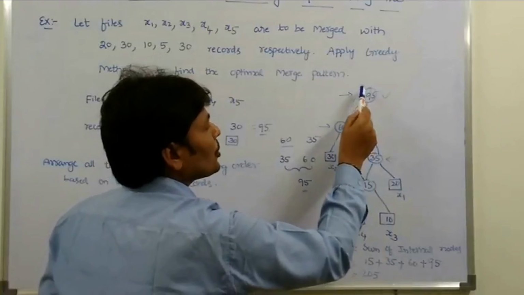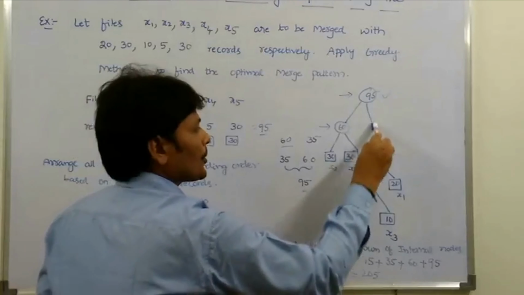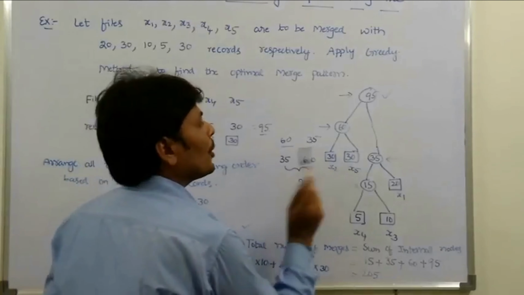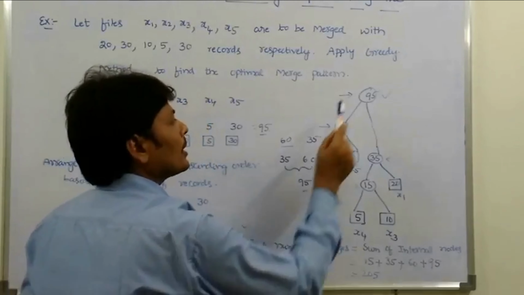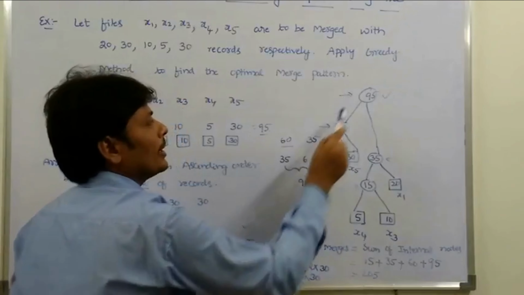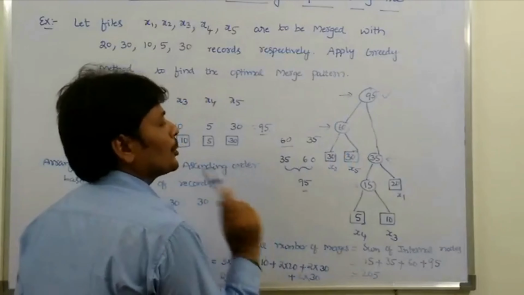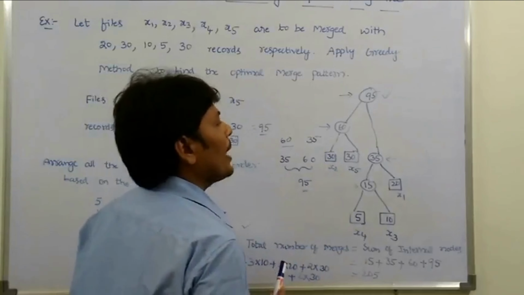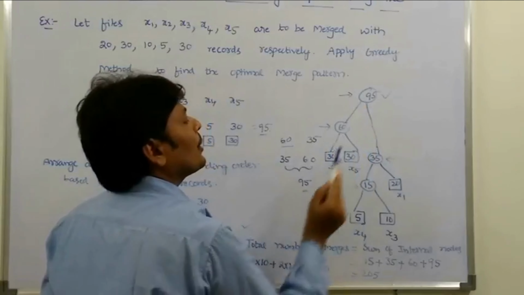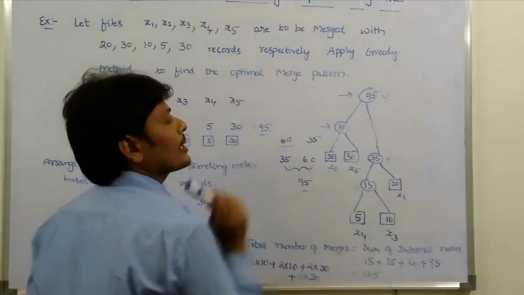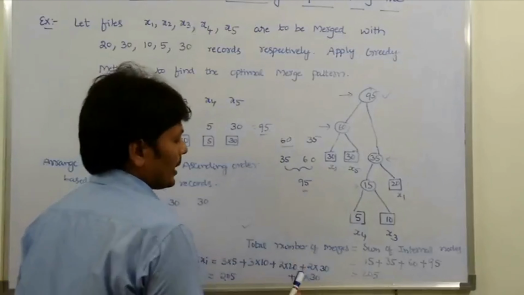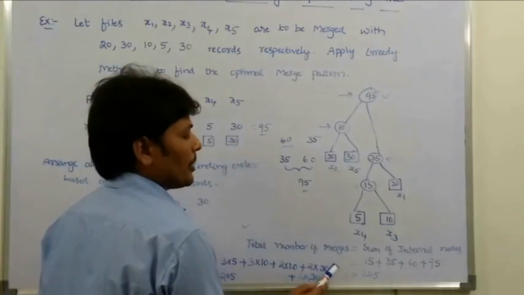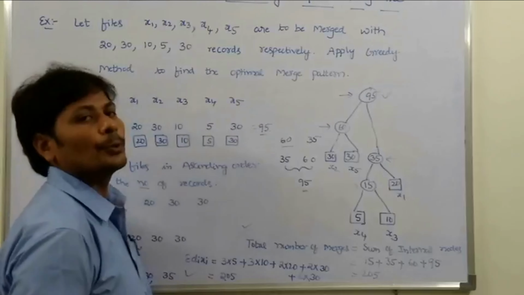The distance from the root node to x1 is 2, so 2 into 20, plus the next leaf node 30, that is x2. The distance is 2, so 2 into 30, plus the next leaf node x5, distance 2, so 2 into 30. Finally, 3 into 5 plus 3 into 10 plus 2 into 20 plus 2 into 30 plus 2 into 30 is equal to 205.